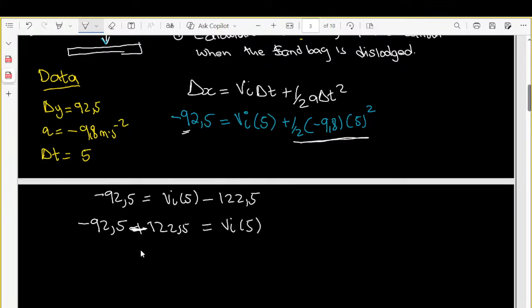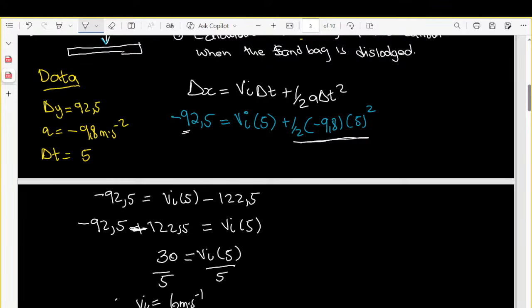Therefore, when we add this, I get 30. So this tells me that 30 is equal to my V initial times 5. Divide both sides by 5. Therefore, my V initial is equal to 30 divided by 5, which is 6. So this will be 6 meters per second.